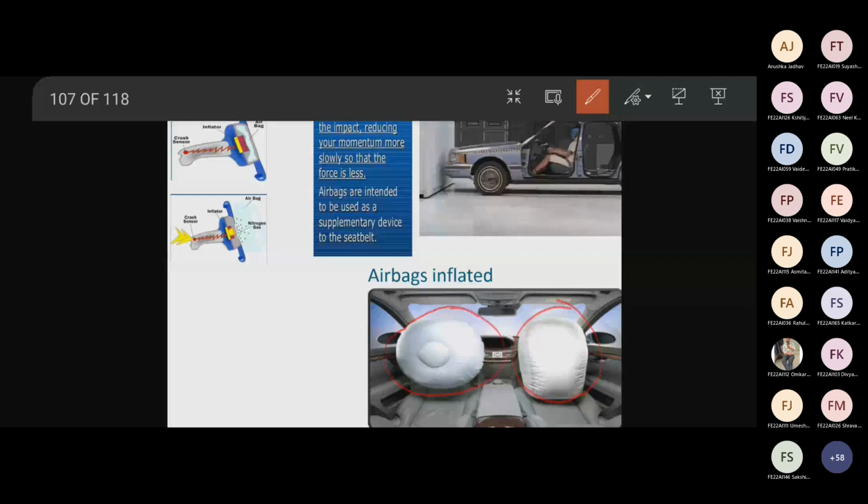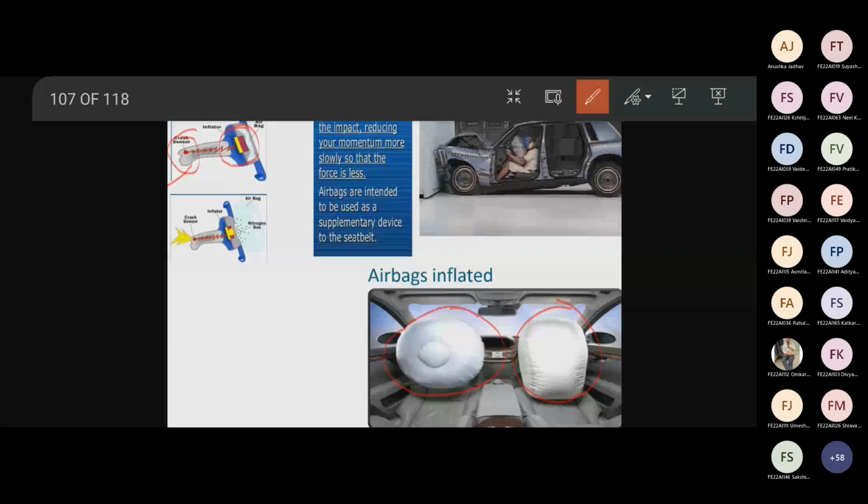Now how it is working, see here, before striking the vehicle, this is the crash sensor, right? This is the inflator, right? And this inflator is mounted on the steering, and for the side passenger it is mounted on the dashboard, right?